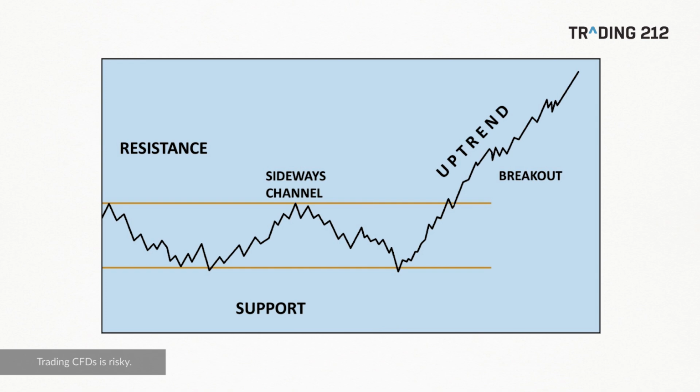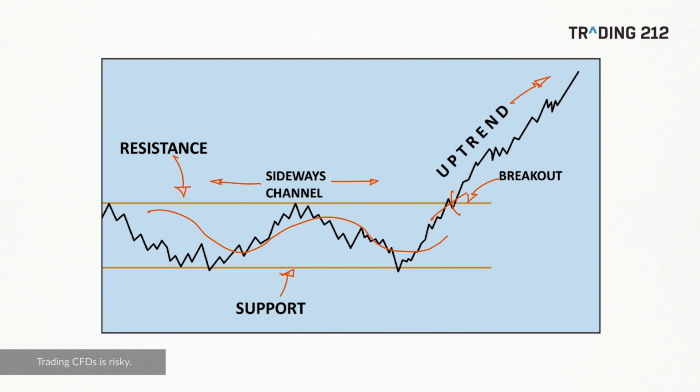So here we can see that we have a line of support and a line of resistance, and that price here is ranging in a sideways channel between the resistance and the support lines until we get a price breakout here and the market moves into an uptrend.